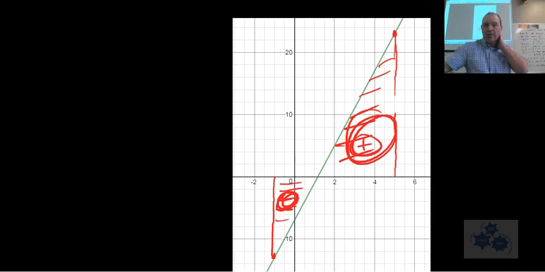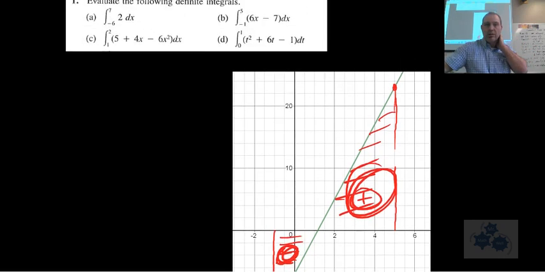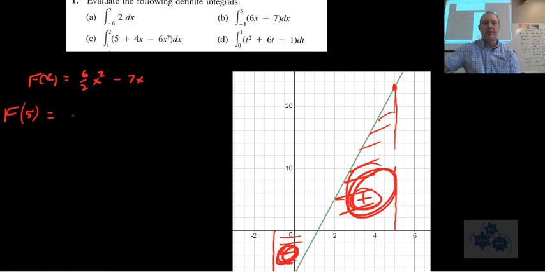So if we just do that one real quick, let's see if it matches up. What's the capital F of x here for 6x minus 7? That's going to be 6 over 2 x squared minus 7x. Evaluated at 5 first, that's going to be 3 times 5 squared minus 7 times 5.